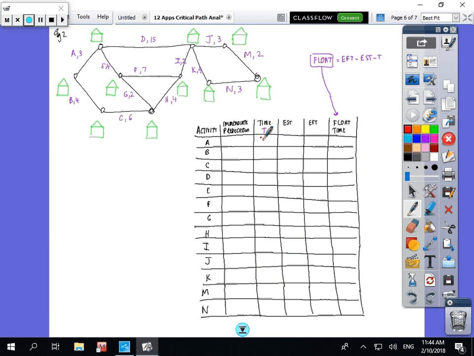Activity A is 3 minutes, activity B is 4 minutes, activity C is 6, activity D is 15, activity E is 4, F is 7, G is 2, H is 4, I is 2, J is 3, K is 4, M and N is 3.